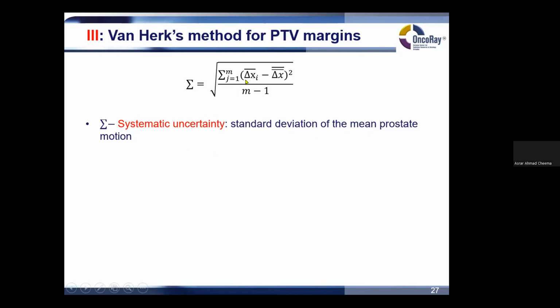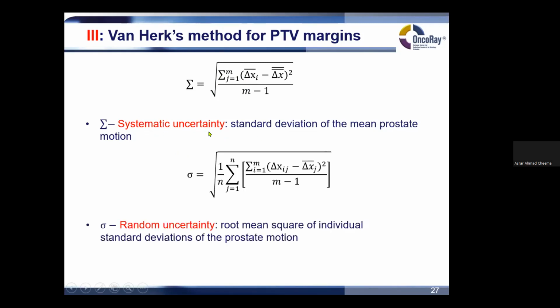By taking the standard deviation of the means of the prostate motion, he obtained the systematic uncertainty, and by taking the root mean square of the individual standard deviations of prostate motion, he obtained the random uncertainty, and then he combined both these uncertainties to get the PTV margin by giving more than 95% weighting to the systematic uncertainty and 50% weighting to the random uncertainties.